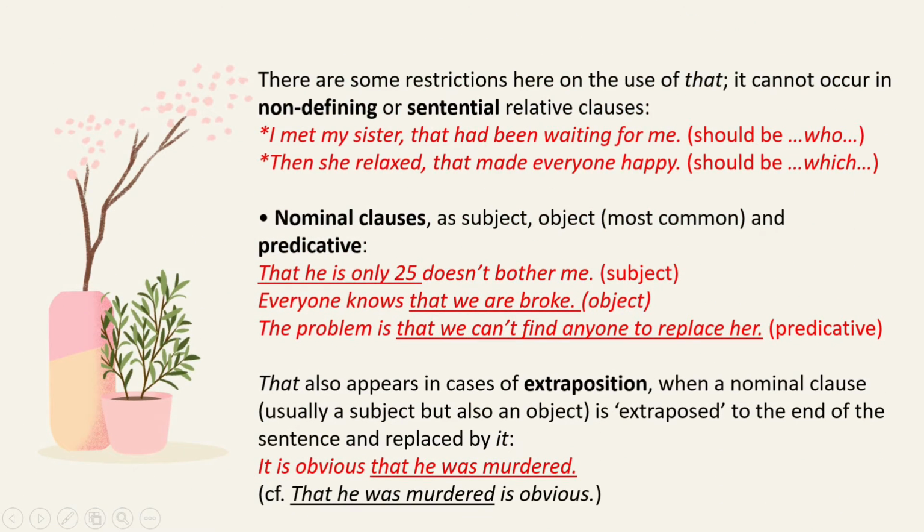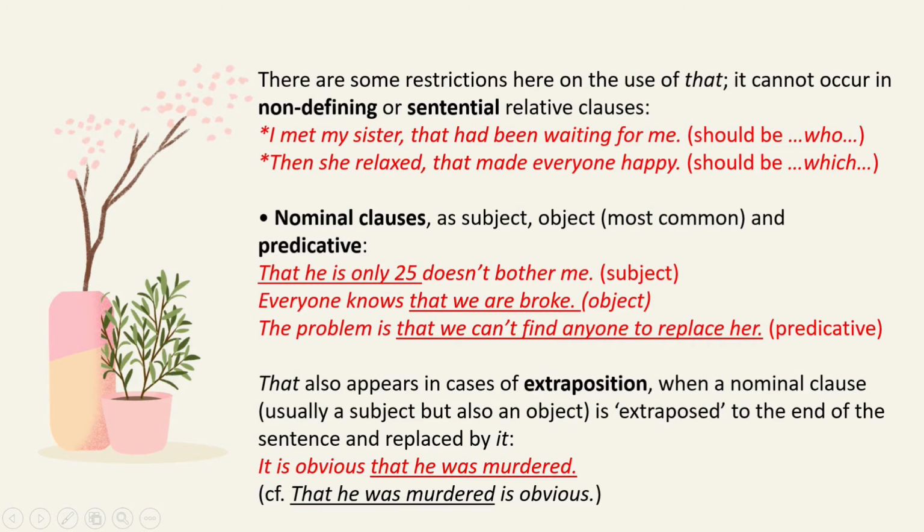There are some restrictions here on the use of that. It cannot occur in non-defining or sentential relative clauses. For example, I met my sister that had been waiting for me. And it should be who, not the word that.